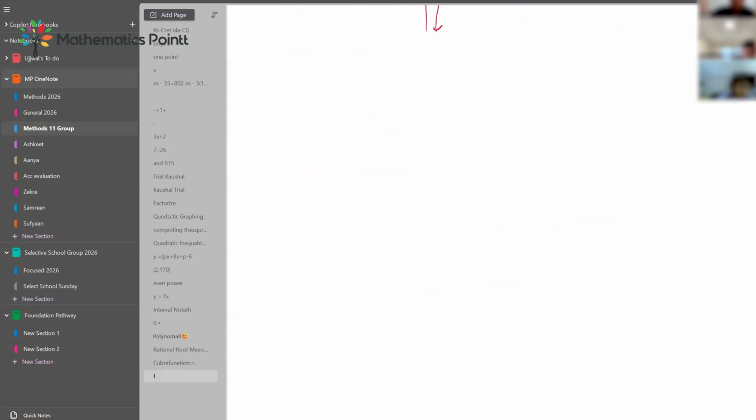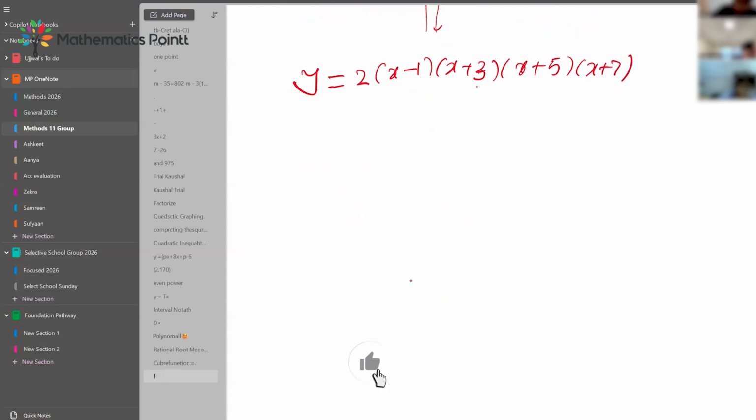Now let's try that. Let's say I have a quartic, y equals, I'm just hypothetically making this up, (2x + 1)(x + 3)... maybe I'll take (x − 1)(x + 3)(x + 5)(x + 7). So you've got 1, 2, 3, 4, this is a quartic, a 4-degree polynomial, x to the power of 4.